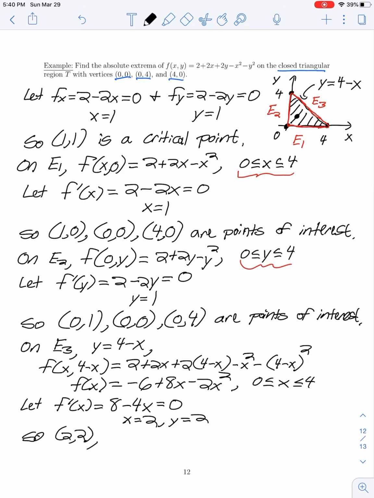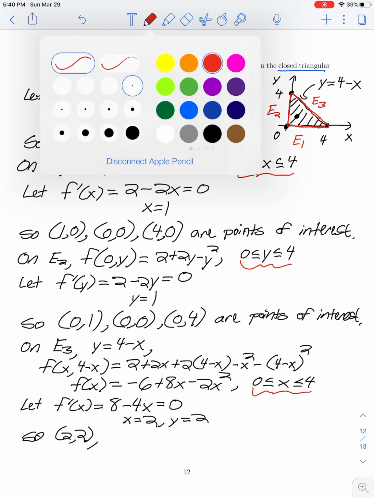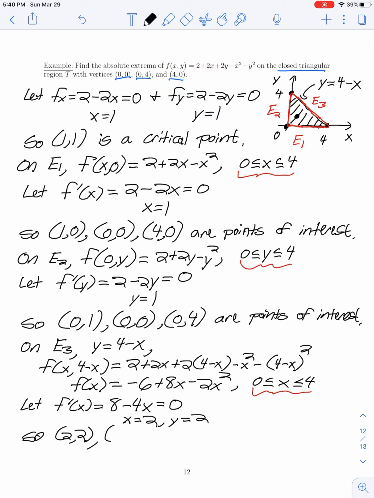So here we find on that third edge, the point 2, 2 is a point of interest, along with our endpoints of our interval, when x is 0 or when x is 4. And here we end up finding the endpoints of that third edge, which would be 4, 0 or 0, 4, are also points of interest.